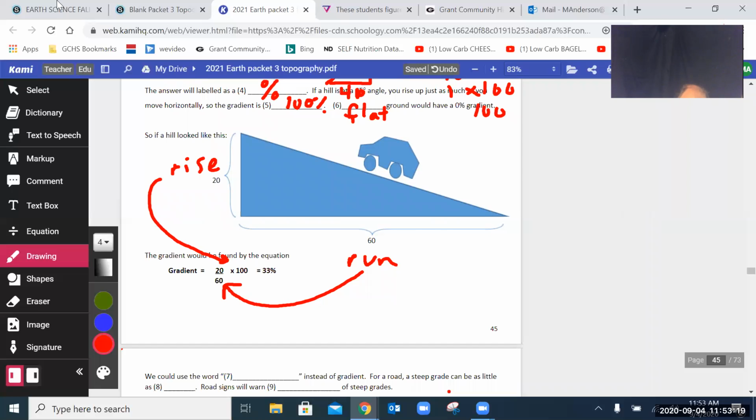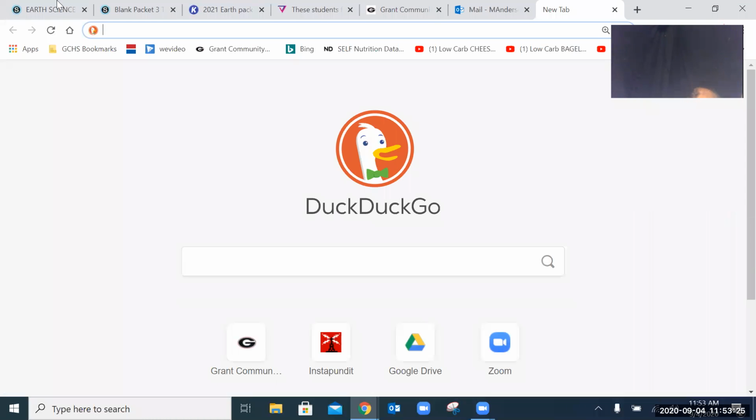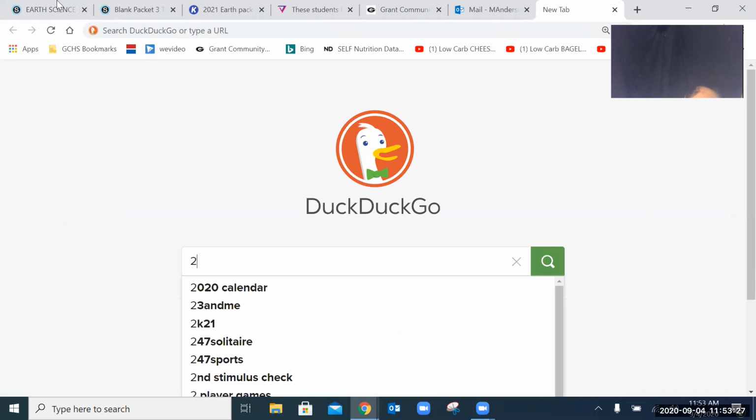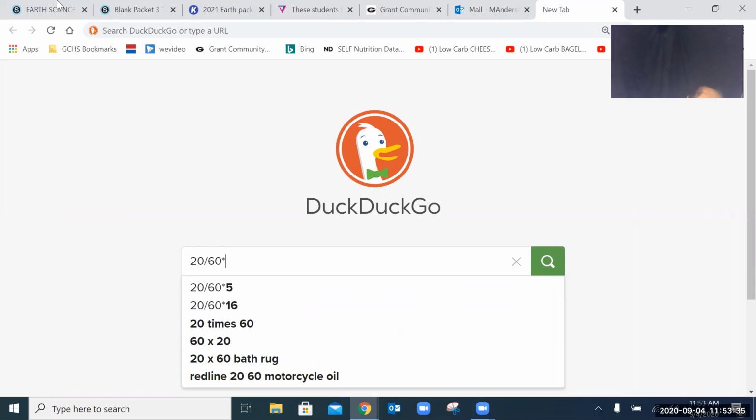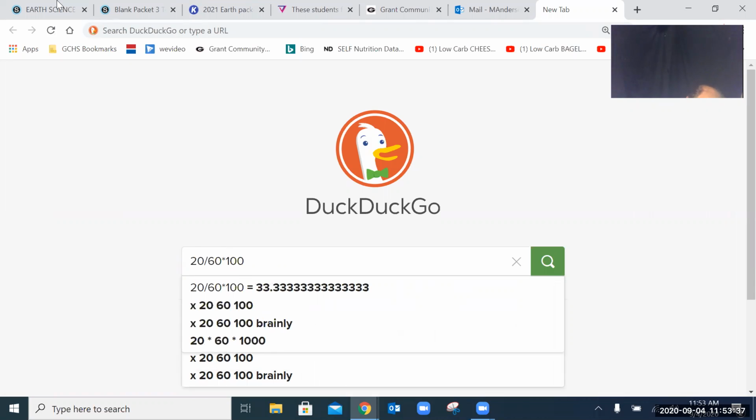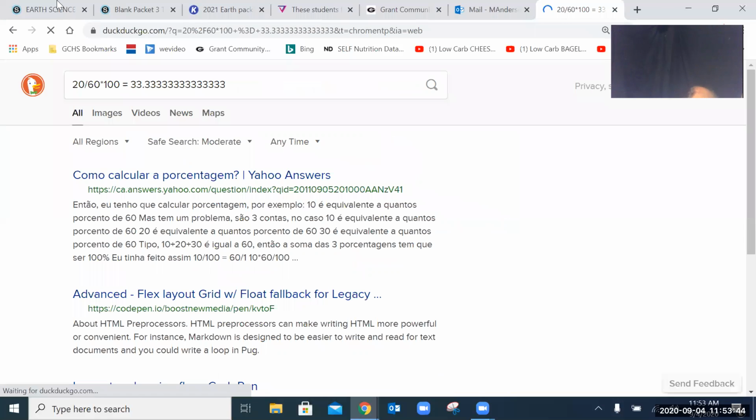To get these calculations, use a calculator, of course, or you can go to any search engine and type in 20 divided by 60, the asterisk for multiplication, times 100. And look, there it has the answer for you at the top: 33.33333.